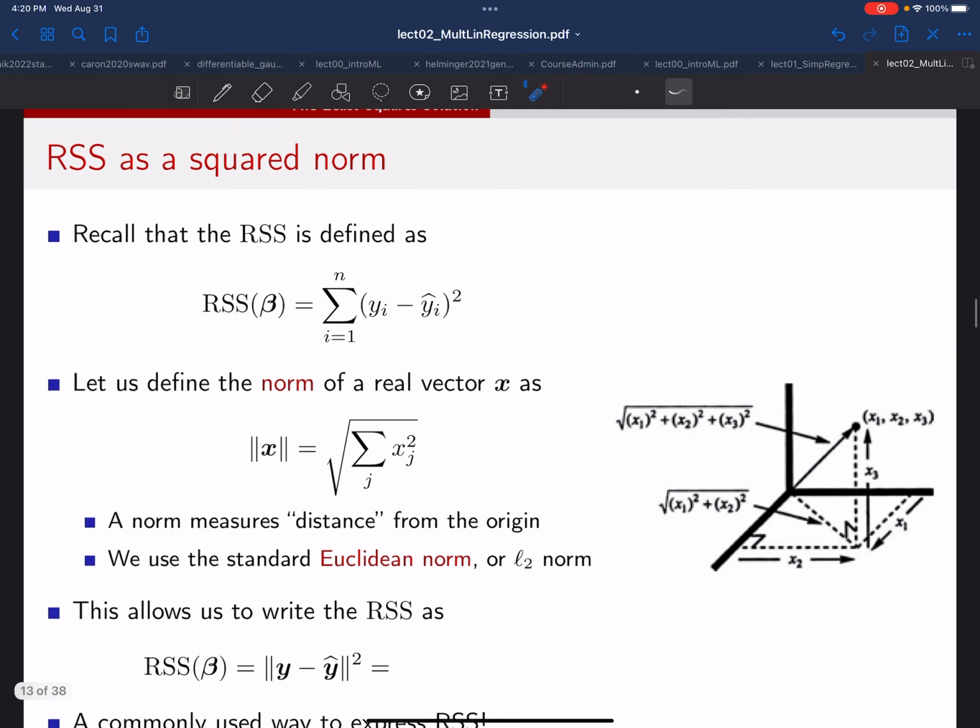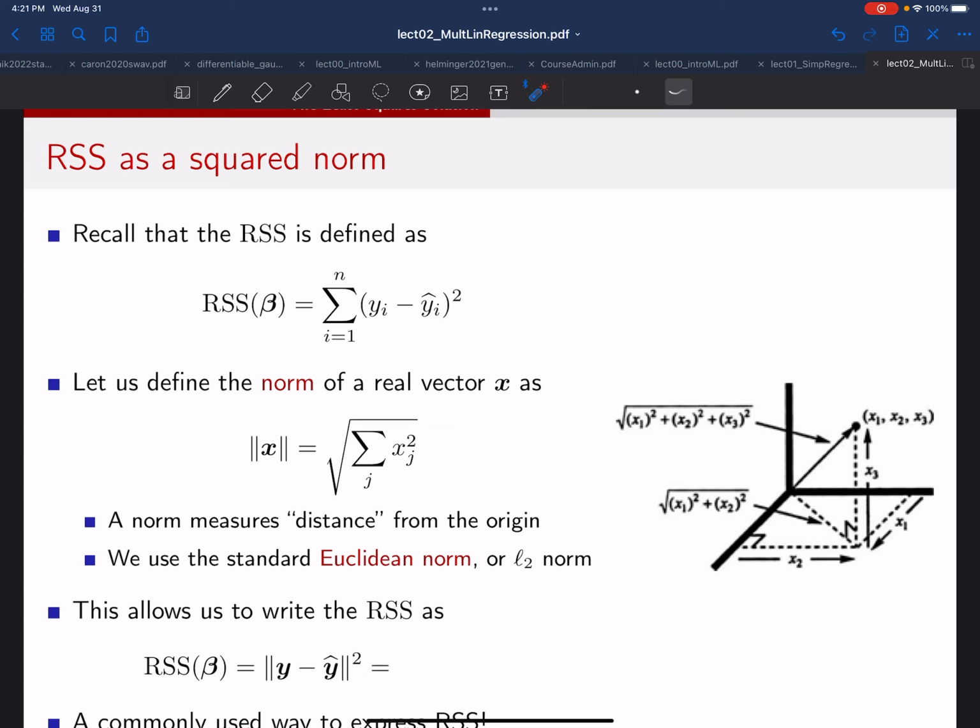Okay, so the reason why we're doing this is because with norms, there's a lot developed in linear algebra, and once you see a norm, you sort of know what it means, how to work with it.